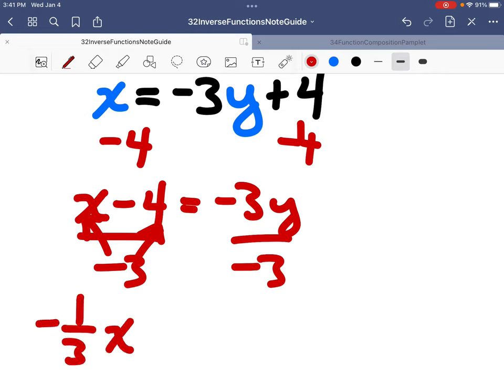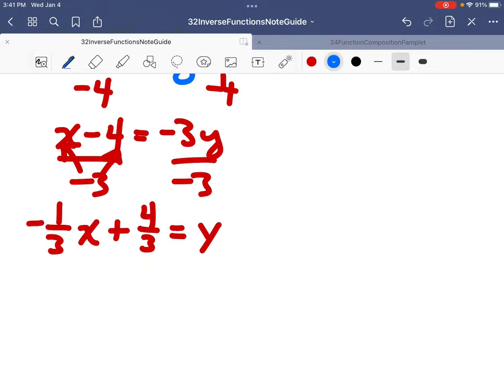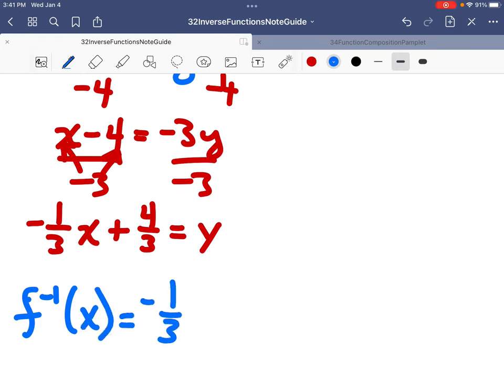That just gives me 1 over -3 times x plus 4 over 3. It's just a little different. You kind of simplified it. But the whole point here is that that equation is our inverse. That's our inverse equation. So we'll label it that way.